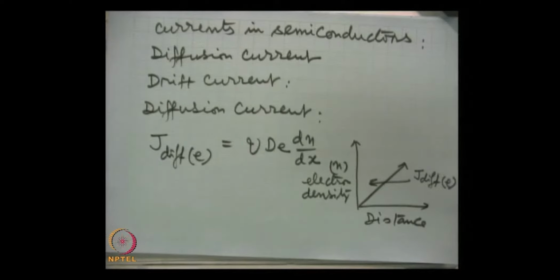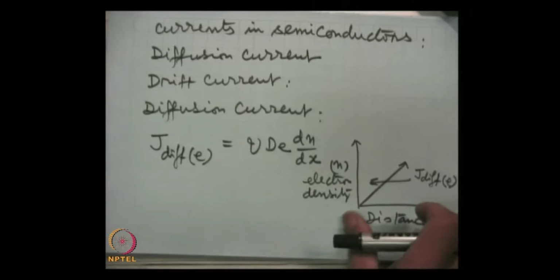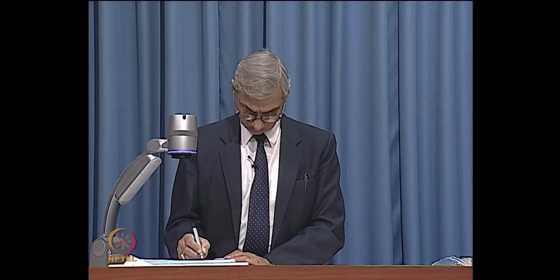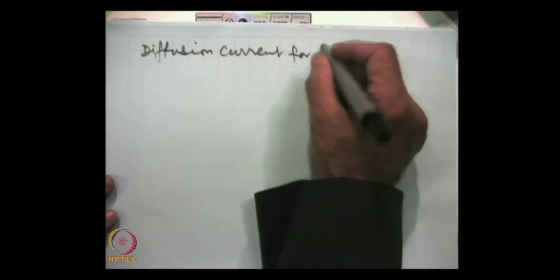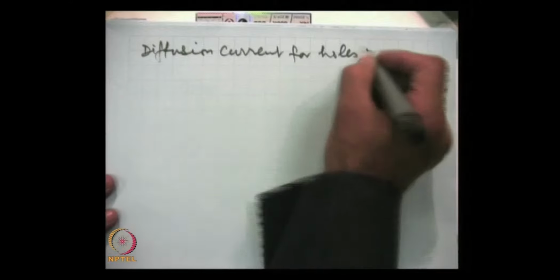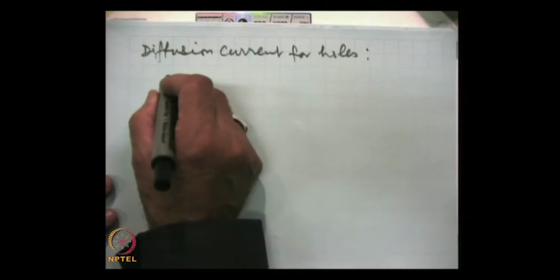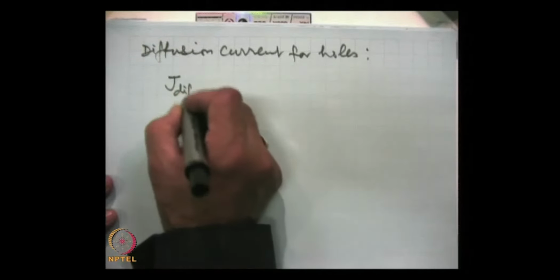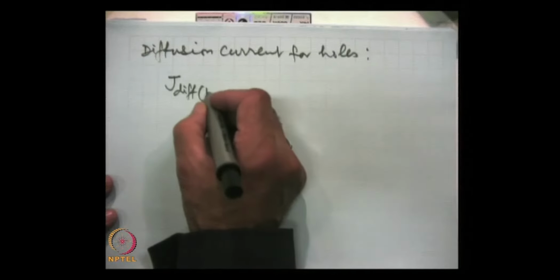We can write a similar expression for the holes. So, the diffusion current for holes, diffusion because of holes, can be written as follows.